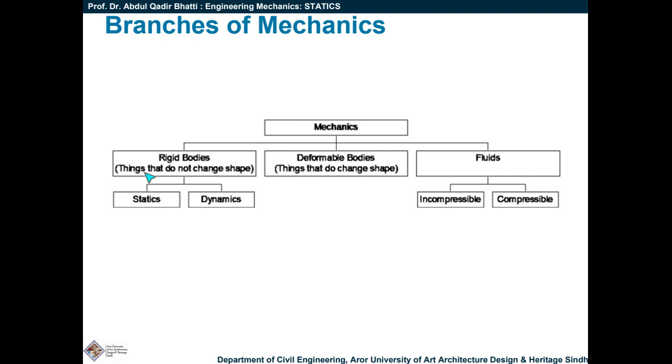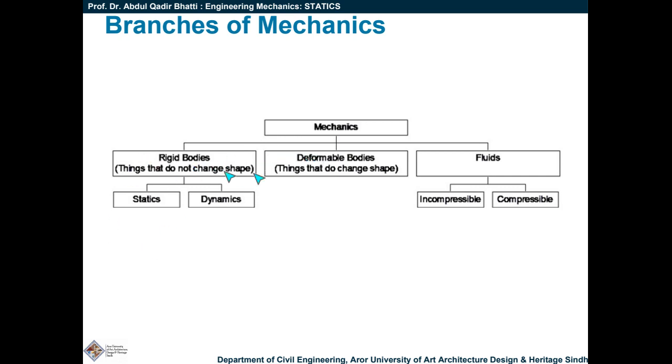Constant means things that don't change shape. Like a building, once you construct it, it will remain constant for maybe 100 years or 50 years, so there is less chance of changing shape. That's called rigid bodies or rigid structures.